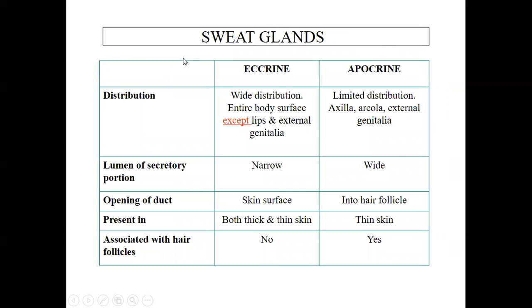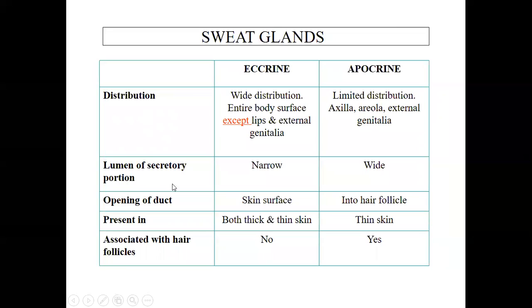This is the difference between the eccrine sweat gland and apocrine sweat gland. For the distribution, eccrine is widely distributed over the entire body surface except lips and external genitalia. Apocrine has limited distribution, only present in the axilla, areola, and external genitalia.